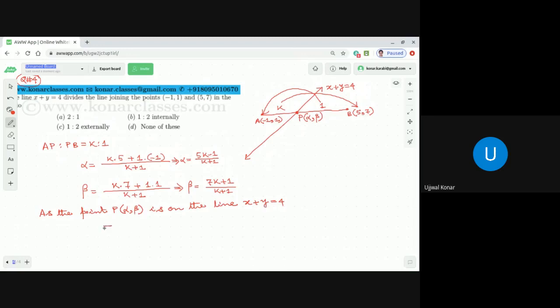That means we must get alpha plus beta is equal to 4.